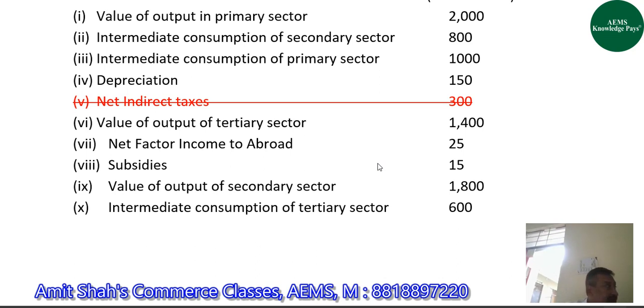What does net indirect taxes mean? Indirect taxes minus subsidies, right?